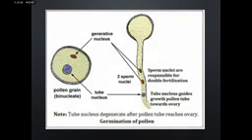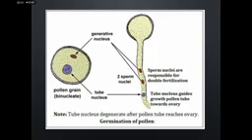Here in this picture we can clearly understand the idea. A typical pollen grain contains two nuclei. One is the vegetative nucleus or tube nucleus and the other is the generative nucleus. When the pollen tube is produced, the tube nucleus guides the growth of the pollen tube towards the ovary. That growth is controlled by chemotropism.